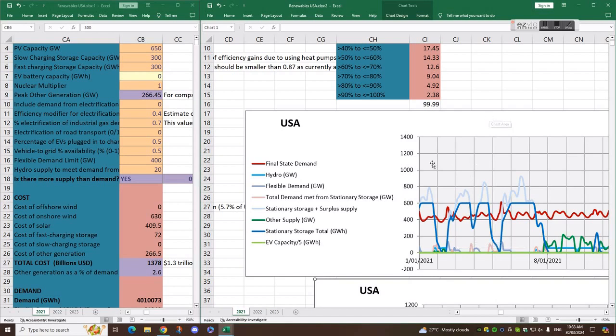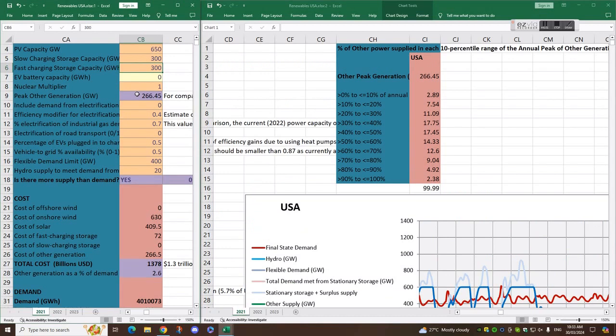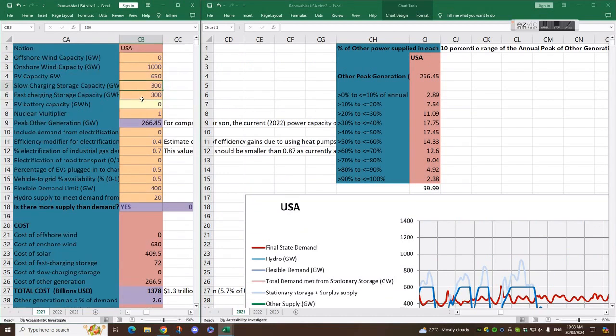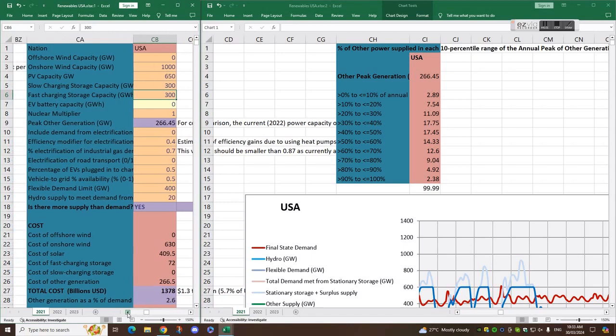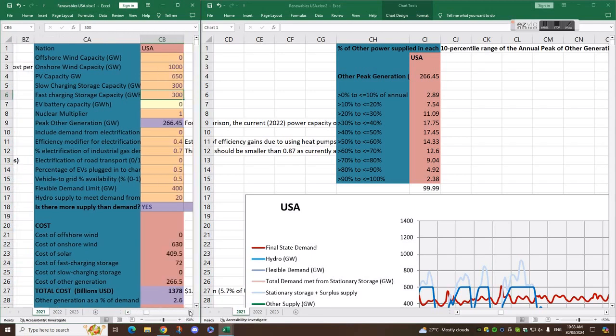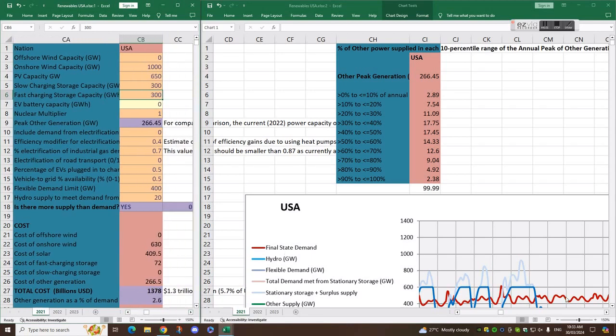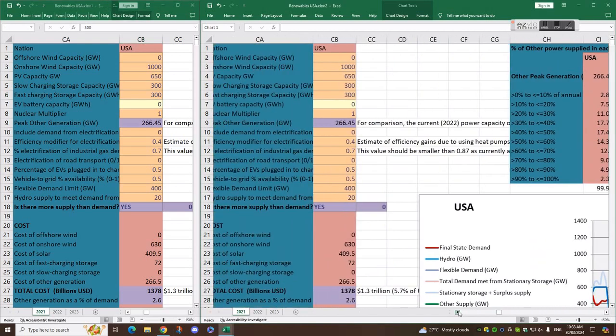Okay, so you can change, as I pointed out, the amounts of storage here. Now, there are four other inputs for the storage, which are to the left of the main table. So this is the main table.